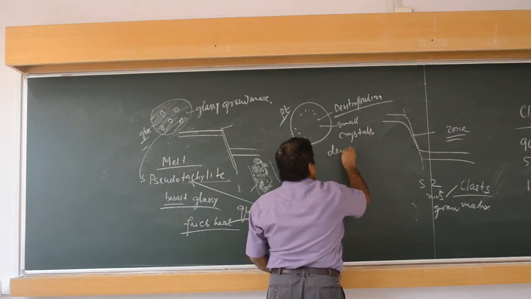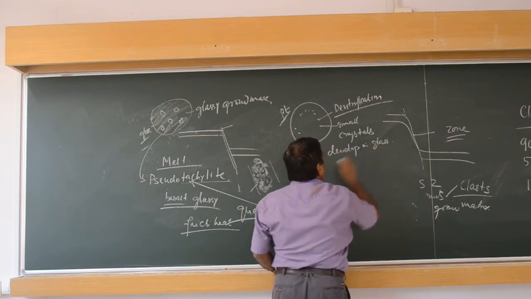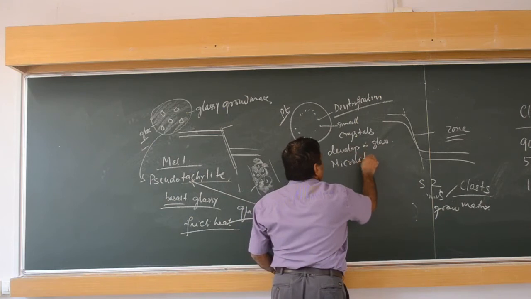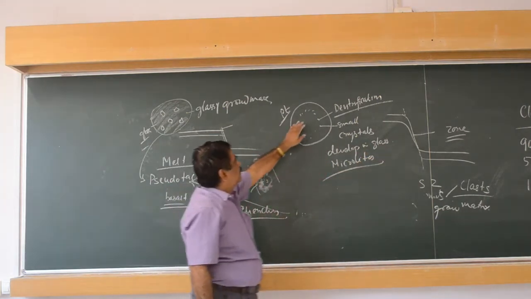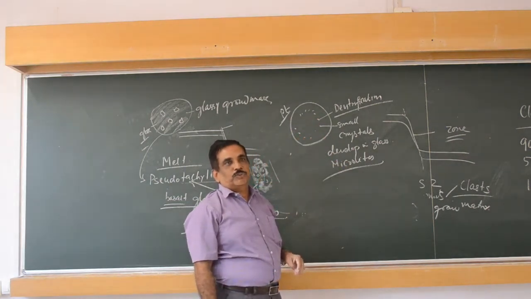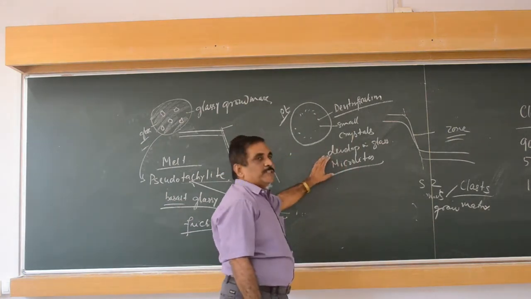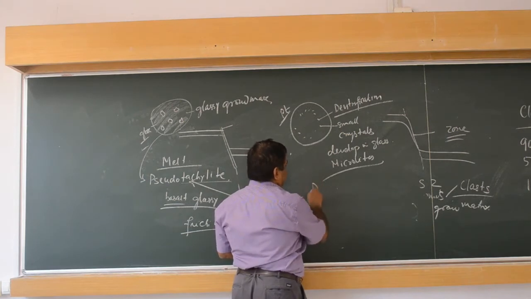Those small crystals are known as microlites. So this glassy groundmass converts into a mesh of microlites. Depending on the degree of devitrification, the amount of microlites will vary.